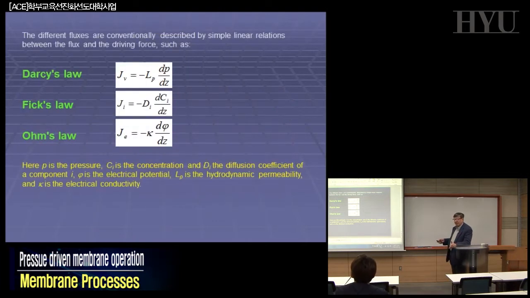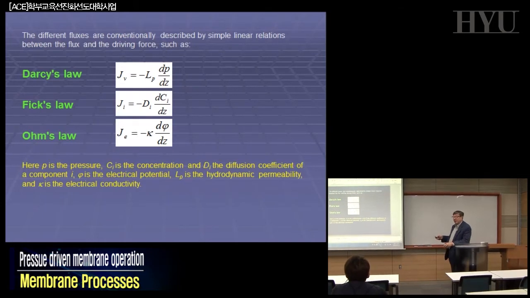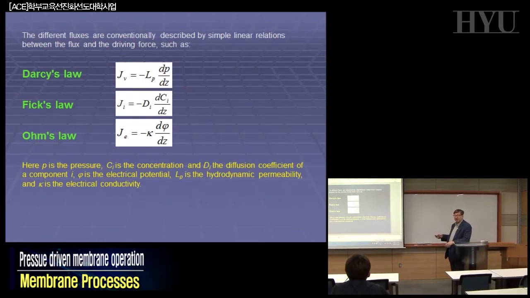Basically, you are already familiar with similar relationships. What is the Darcy law, which is a kind of phenomenological expression utilized in traditional filtration systems. You have that the volumetric flux is proportional to a term, this LP, times the difference in the hydrostatic pressure applied across your membrane or your filter, having a thickness equal to zeta.